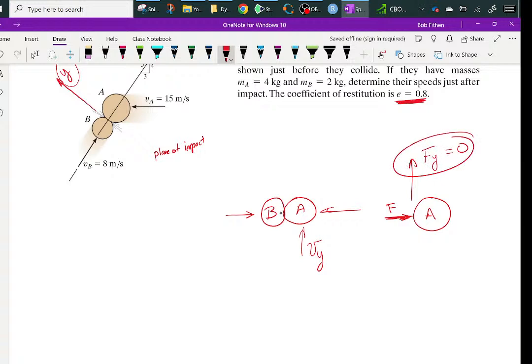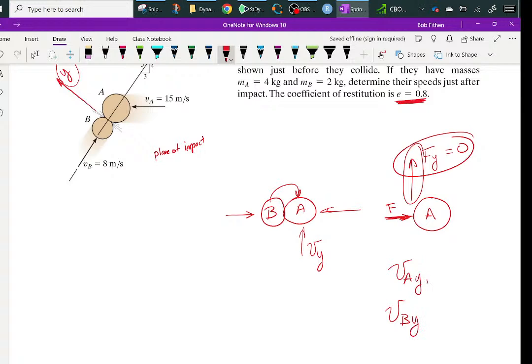So during the impact, B doesn't hit A and apply any force along the Y. Because of that, and you can find that by going back and looking at what we talked about last time, the velocity of A, or B, in the Y direction before impact, I'll say initial, is equal to the velocity of A in the Y final, which is after.